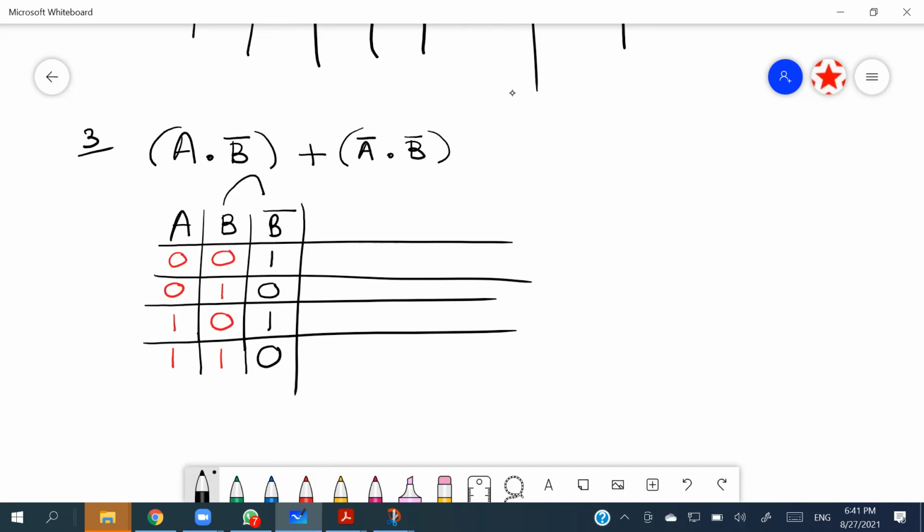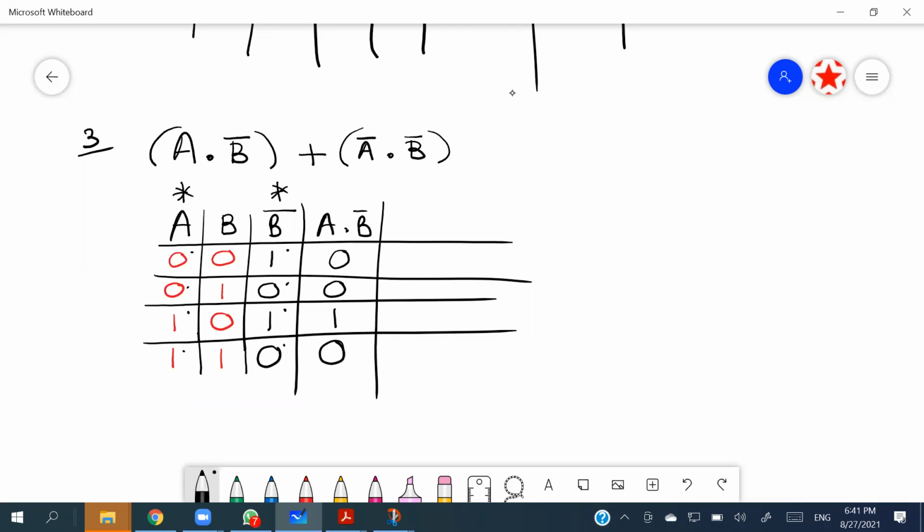Very easy. And then A dot B bar means this and these columns need to be multiplied. So 0 into 1 is going to be a 0, 0 into 0 is going to be a 0, 1 into 1 is going to be a 1, 1 into 0 is going to be a 0.